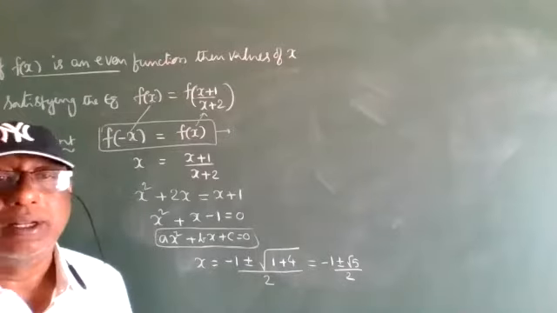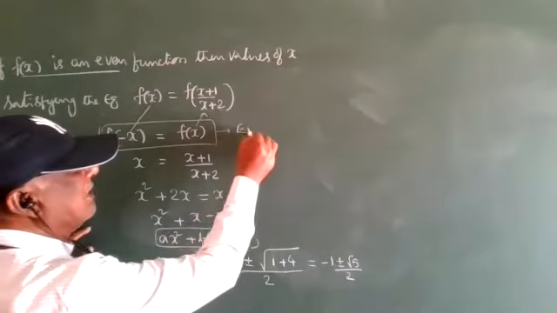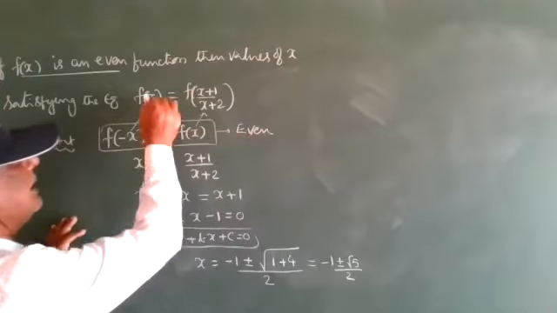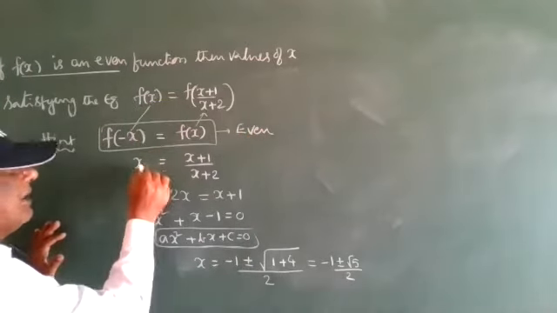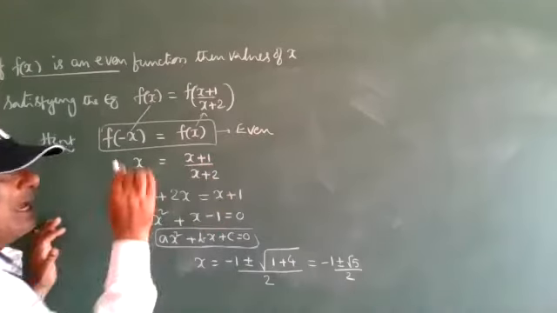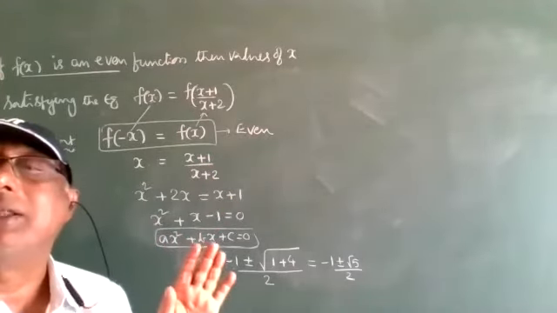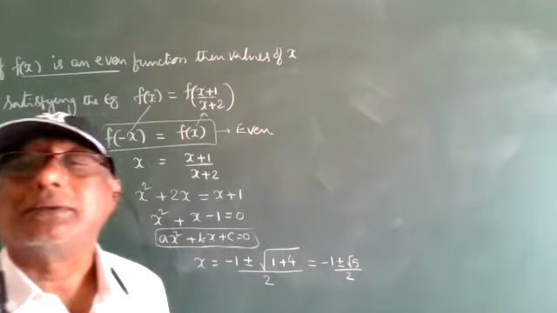That's enough. So once again see, the even function definition is this one. Given, compare: here minus x place is given by x, here x place is given by x plus 1 by x plus 2. Now compare and simplify, you get the required answer.